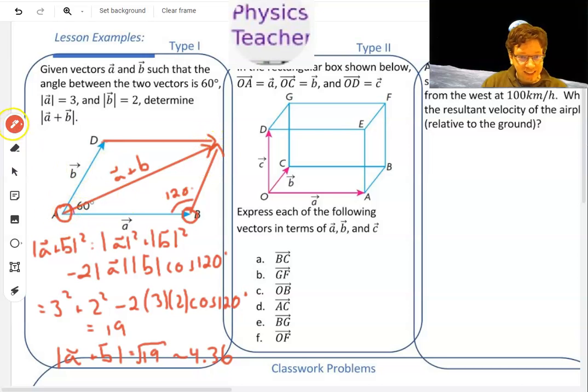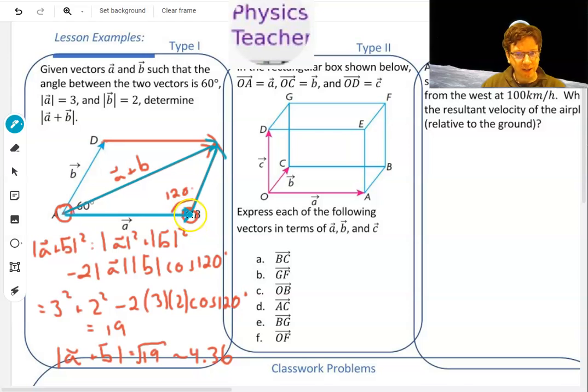Now you can look at this the other way as well if you're just looking at this one triangle here, where you have vector A, and then connecting the tip of vector A to the tail of vector B here, and then going from where we started at the tail of A to where we finish at the tip of B, right? Either way works.